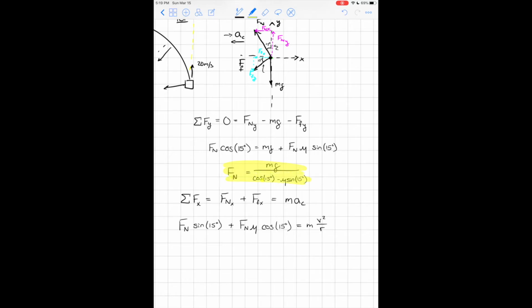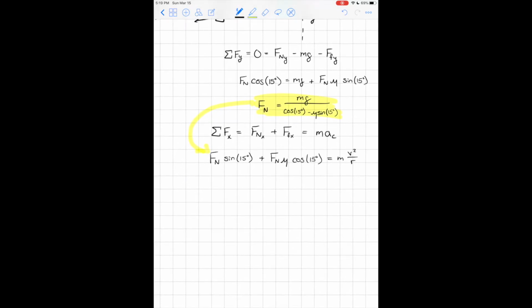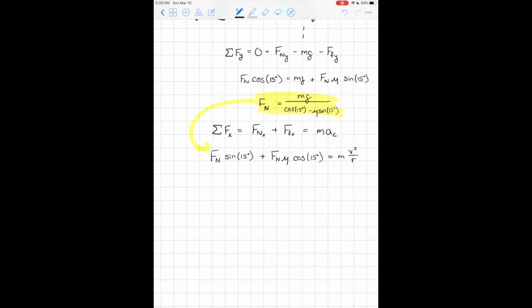So now at this point we want to substitute our Fn into this equation. And it gets messy fast, folks. I'm just going to let us know that.